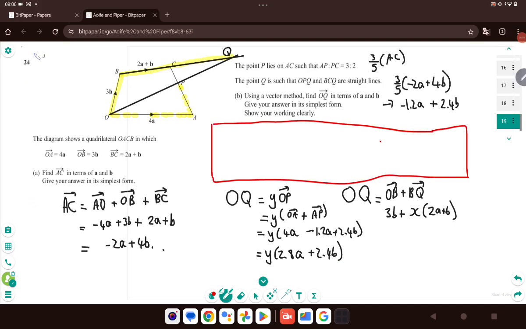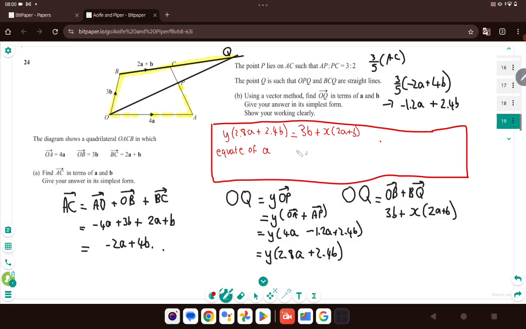Running out of space a bit here, so I'm going to carry on in this box. So now we have our O to Q in two different ways and put them equal to each other. So y times 2.8a plus 2.4b is equal to the other OQ, which is 3b plus x times 2a plus b. Now we're going to equate coefficients of a first, because we've got so many unknowns still.